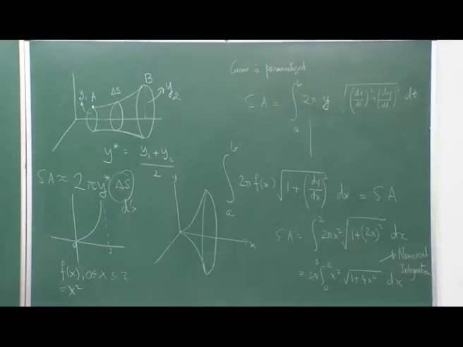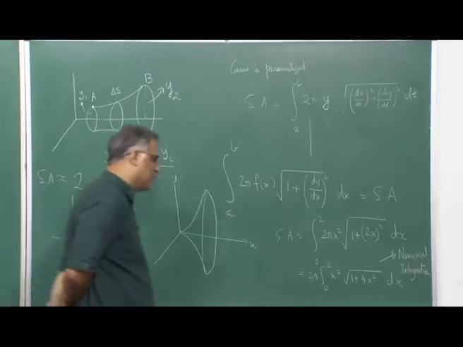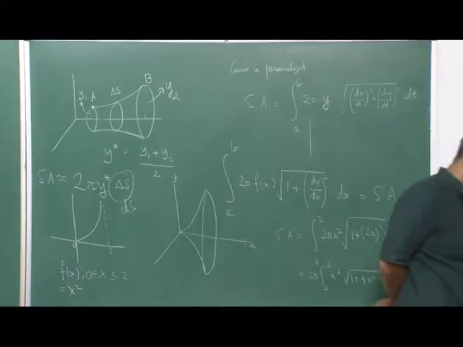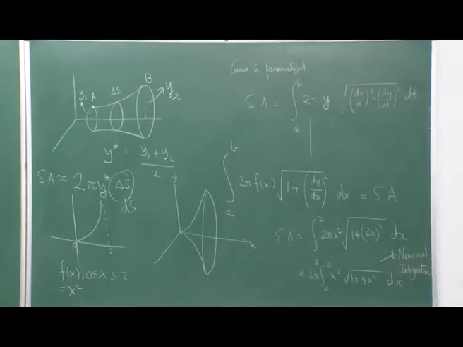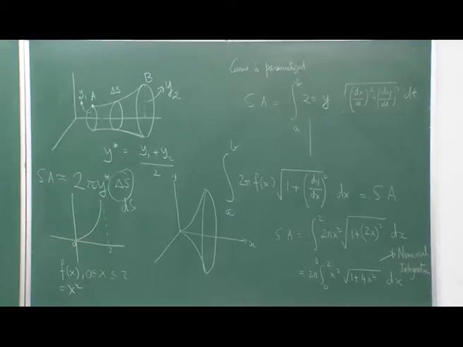You partition the x axis, do something; there are several rules, Simpson's rule, trapezoidal rule, we will come to all these, do not worry. If I were there, I would like to go for numerical integration. I think symbolic integration, just using antiderivatives, is not possible. I do not know a function whose derivative would look like x² times the square root of 1 plus 4x². It looks quite fearful to me.